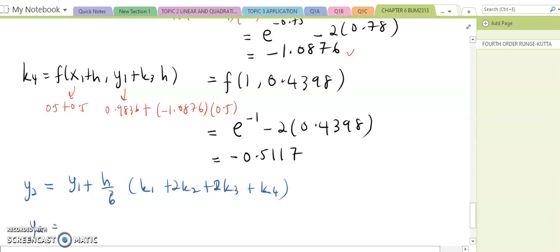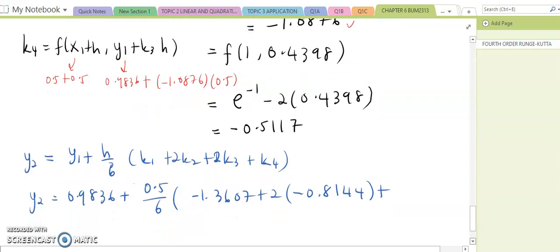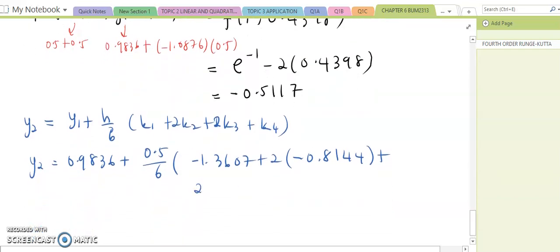So y2 is y1 is 0.9836 plus h over 6, so 0.5 over 6, k1 is negative 1.3607 plus 2, k2 is negative 0.8144 plus 2k3 is negative 1.0876 plus k4 is negative 0.5117.